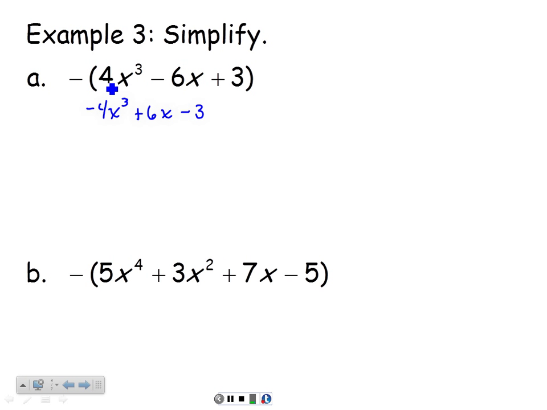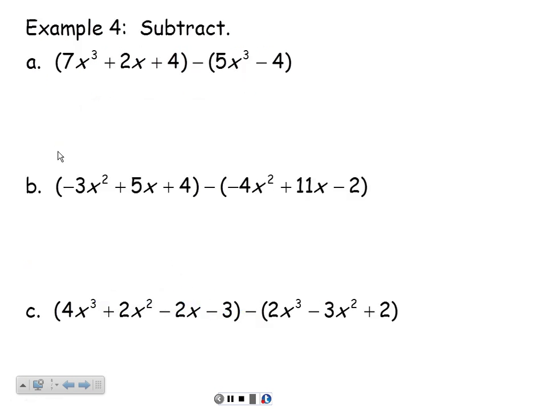So all I did is I changed the sign of each term in the group. Same thing here. I'm going to have negative 5x to the 4th minus 3x squared minus 7x plus 5. Change the sign of everything in the group that follows that negative symbol or that opposite symbol. And that's exactly how we're going to do subtraction.